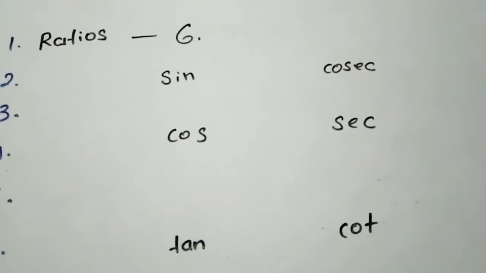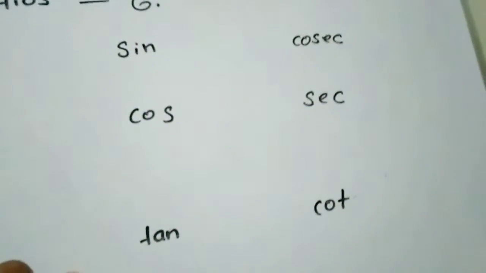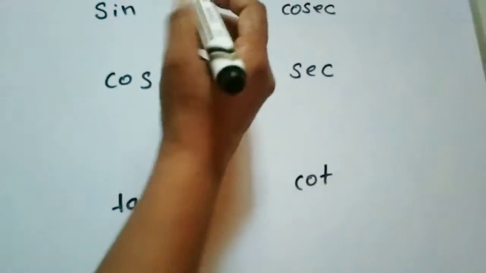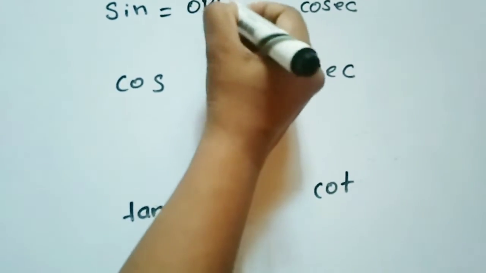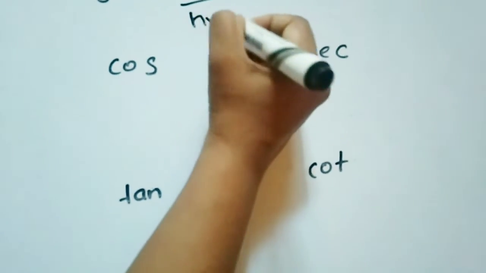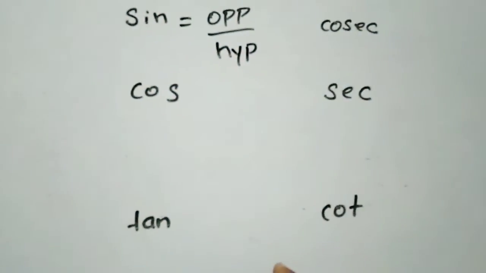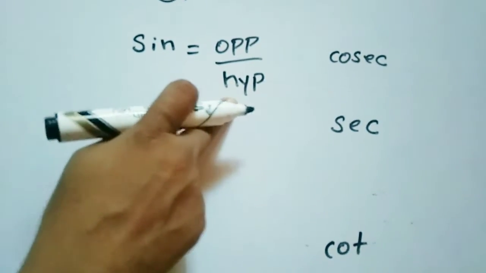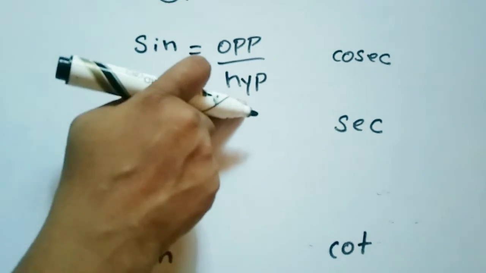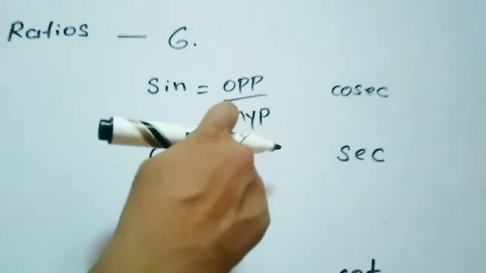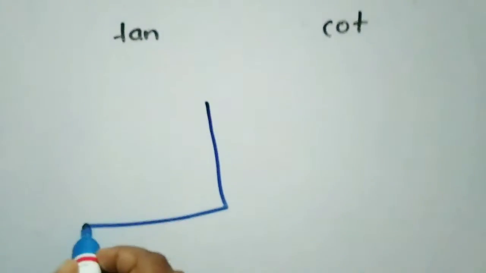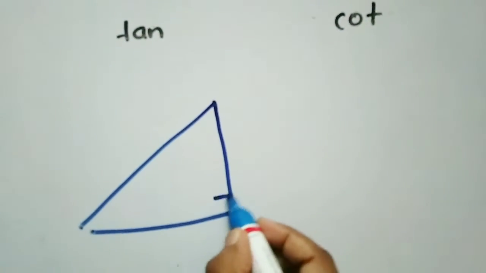Okay, how can we define these ratios? We can define these ratios by using the side lengths of a right angle triangle. For example, sine ratio is equal to opposite side over hypotenuse side. What are these opposite and hypotenuse sides? You may have studied in the previous grades. Let's consider a right angle triangle.